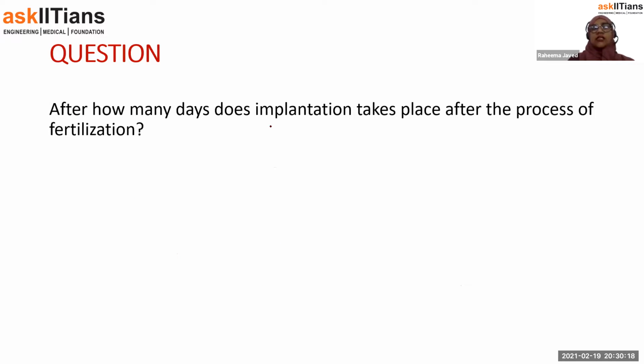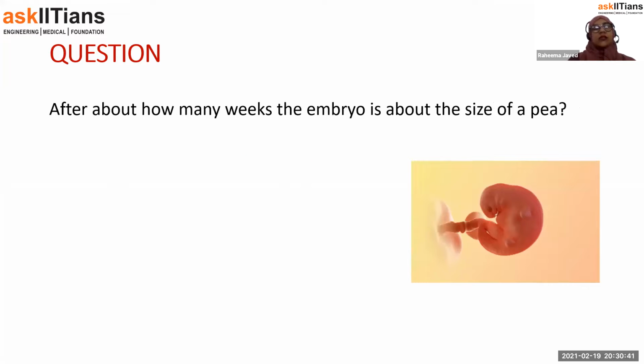After how many days does implantation take place after the process of fertilization? This can take 7 or 8 or 9 days for the implantation to occur. Usually within 1 week of time, the implantation occurs after fertilization. Now you have to look at the picture.